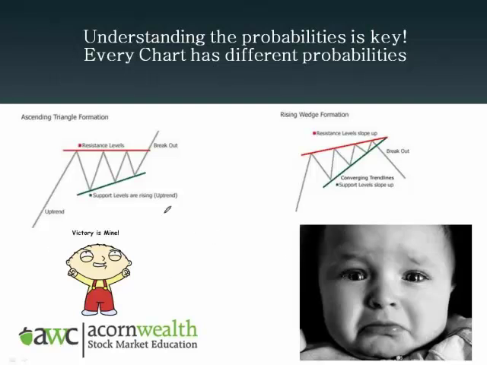Let's use a flag formation. Let's say that a stock is bouncing along the bottom, shoots up, breaks out, and then comes back down and looks like that. Okay? That's kind of your breakout formation.